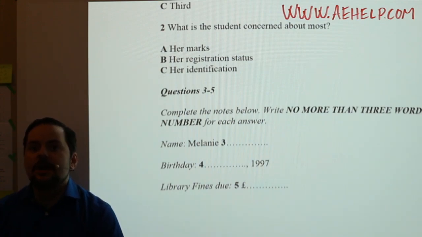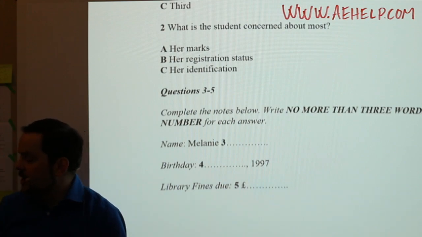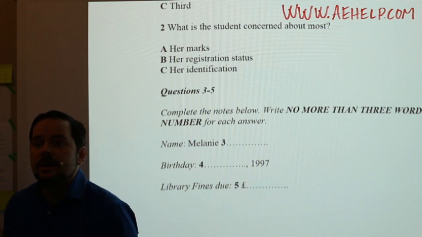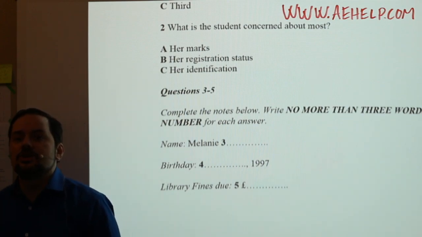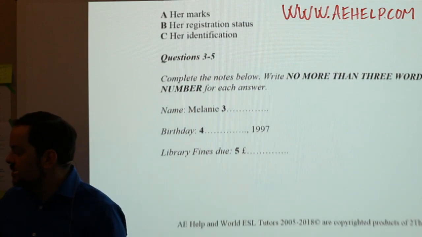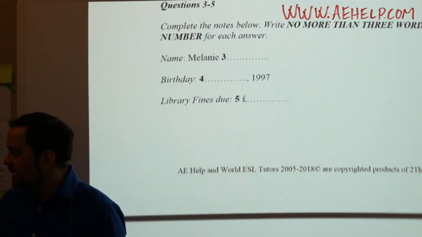So B is the correct answer for number 2. Okay, her registration status. She's not able to register. Okay, questions 3 to 5, the fill in the blanks.